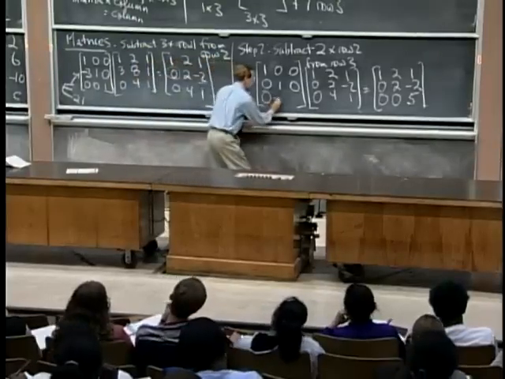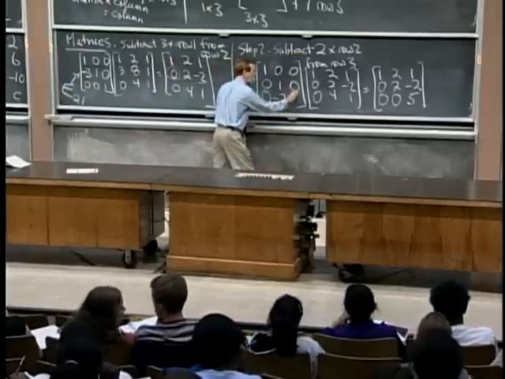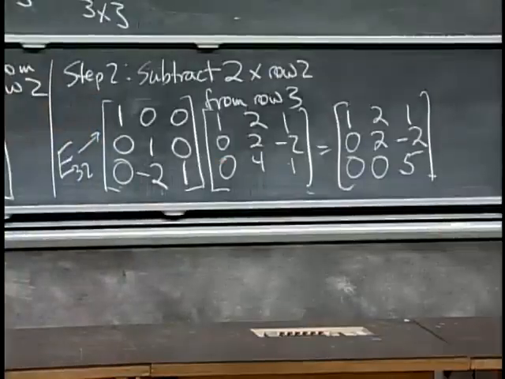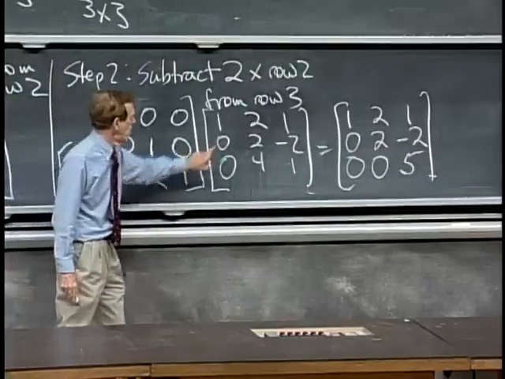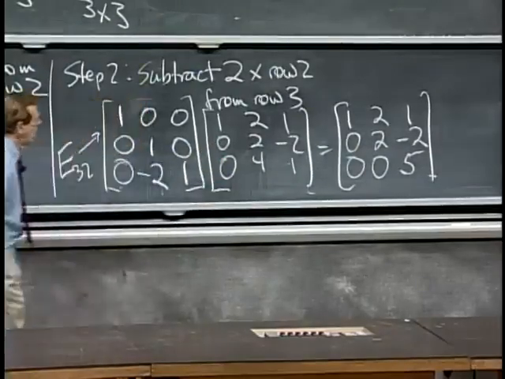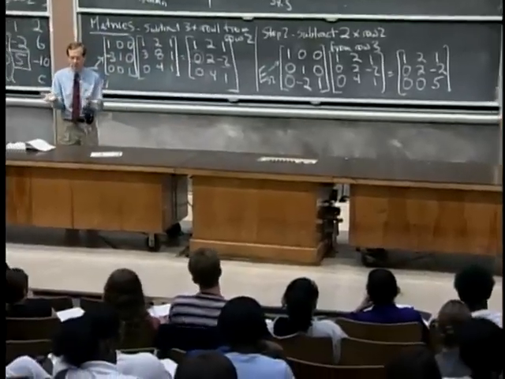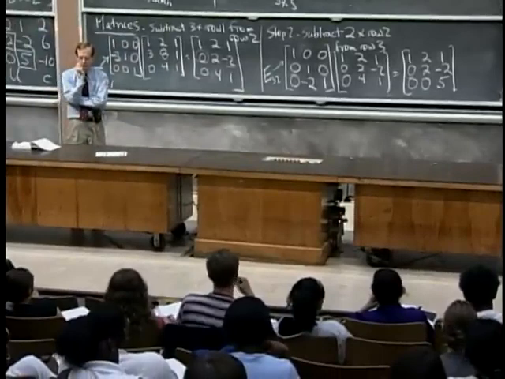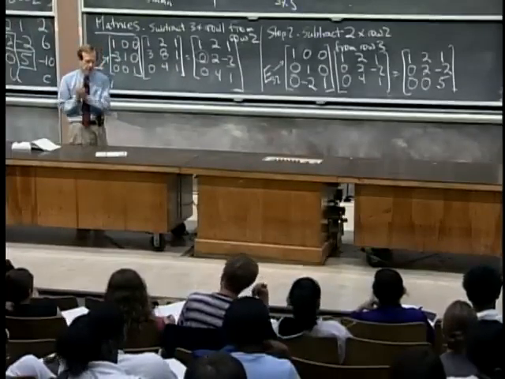So it's a minus 2 to subtract 2, and then this is a 1, so that the overall effect is to take minus 2 of this row plus 1 of that. Okay. So I've now given you the pieces: the elimination matrices, the elementary matrices that take each step.